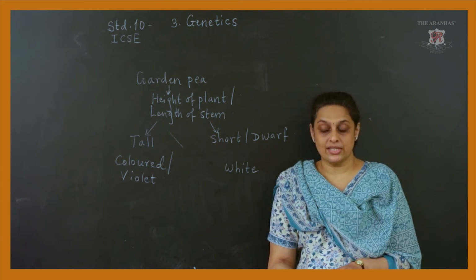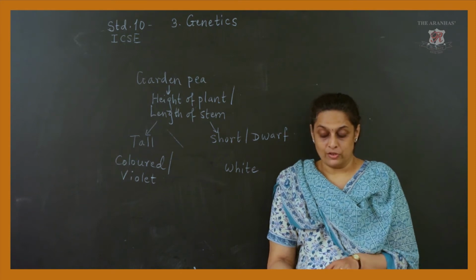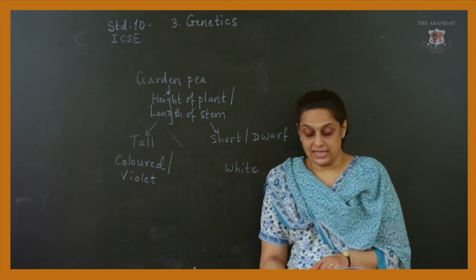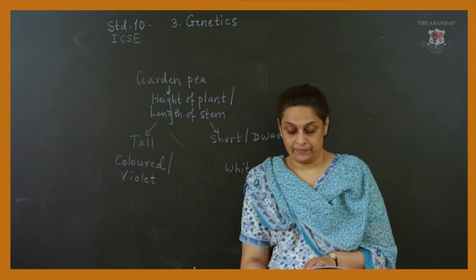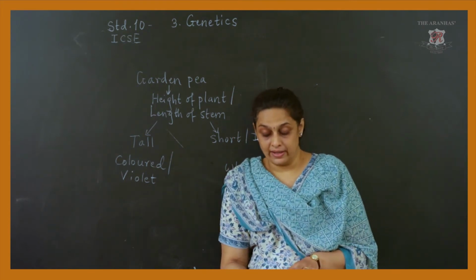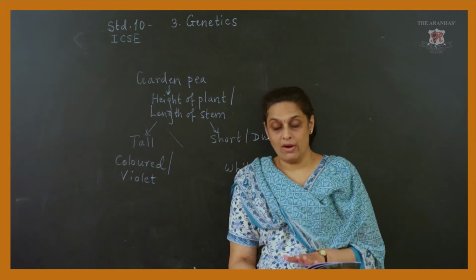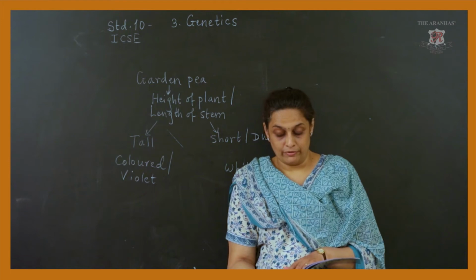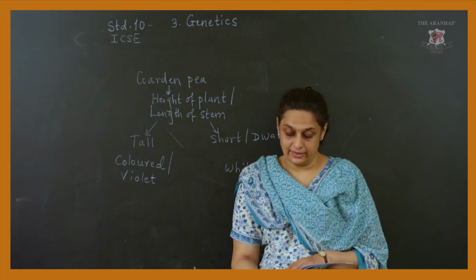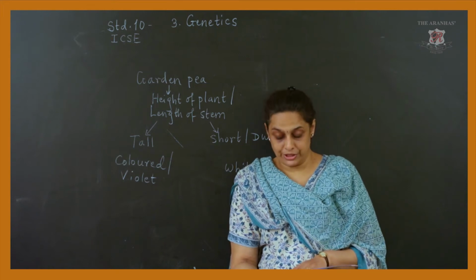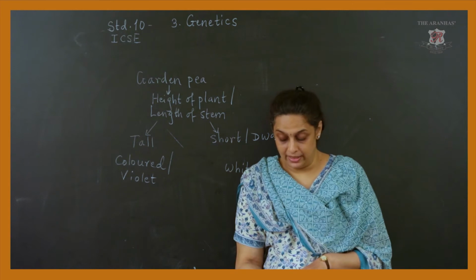First one is seed shape. So in seed shape, seeds will be either round or wrinkled. Then seed color, so seeds will be either yellow or green. Flower color, violet or white. Pod shape, full or constricted.